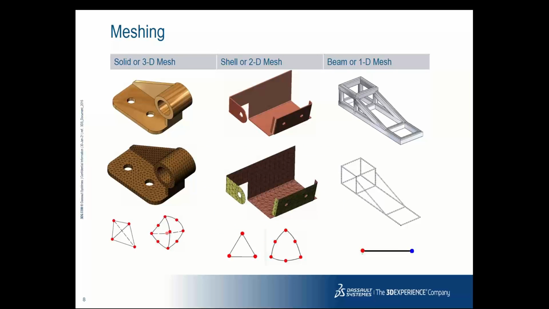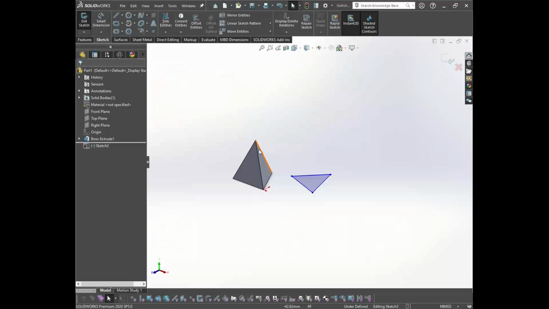Okay. So there are three types of elements available in SolidWorks simulation: solid, shell, and beam. I've shown you the solid tetrahedral element in the SolidWorks window here. This is how a solid element looks.